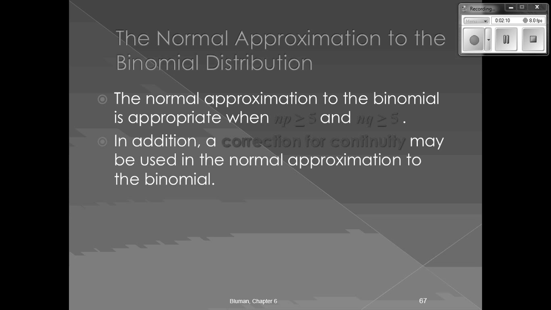In addition, some things to think about for binomial. Since there are only two outcomes, you're right or wrong, it's discrete. Let's say you have 20 trials. How many successes could you have?